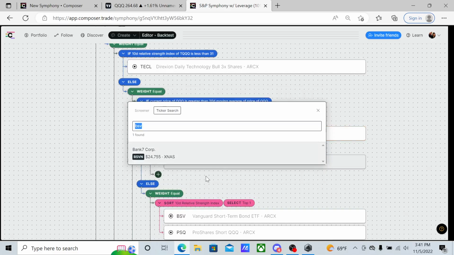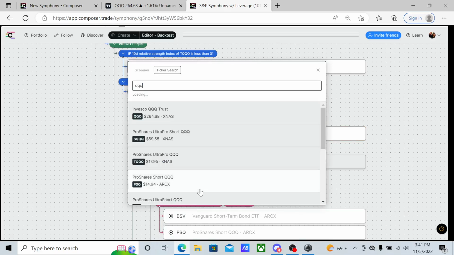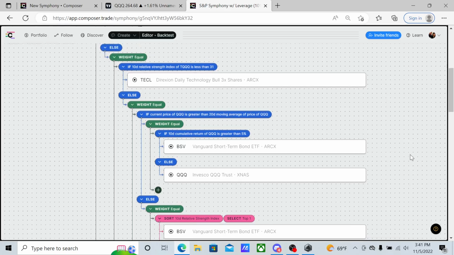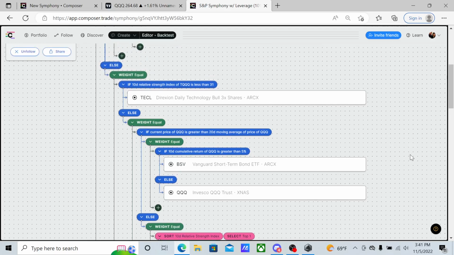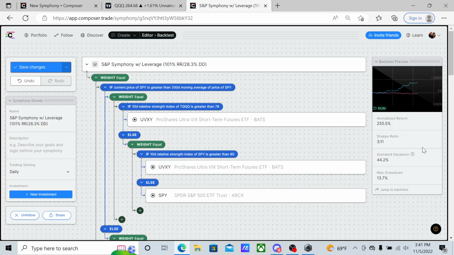And if it's below that threshold, just stay invested in QQQ. I think you could do something like that to try to avoid the choppy periods, but it's going to be difficult. You have to really understand what you're doing. But I think there are several different tools.